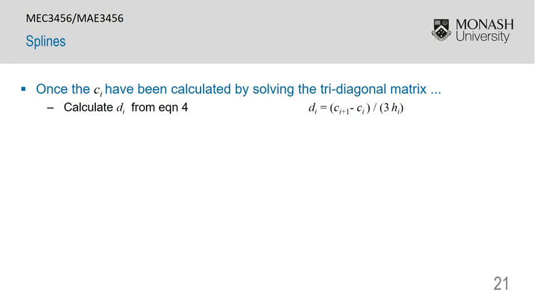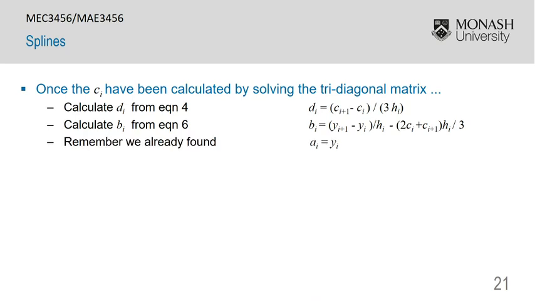Once we have those, we calculate di from equation 4, just given by this expression here. We calculate the bi from equation 6. And remember, we had already found that ai was equal to yi. So we now have all of the coefficients of our spline.